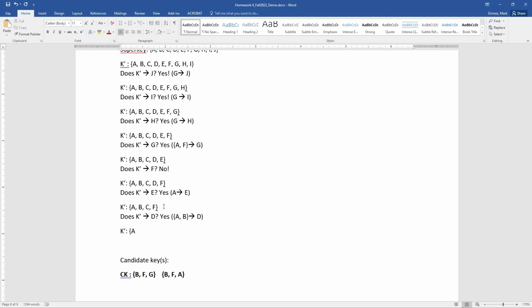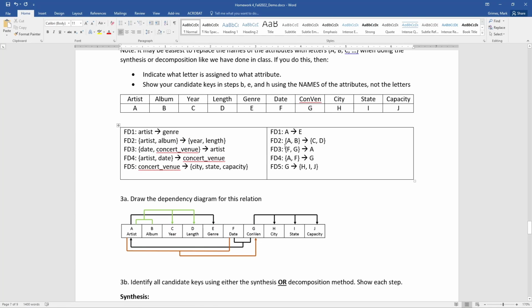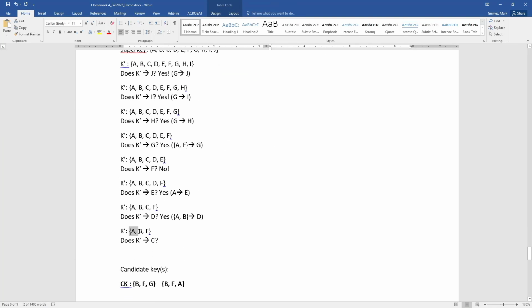Now let's try removing C. So we're going to set K prime to be A, B, F. And ask, does K prime functionally determine C? Does ABF determine C? There we go again. AB functionally determines C. We have AB, so yes, because AB determines C.